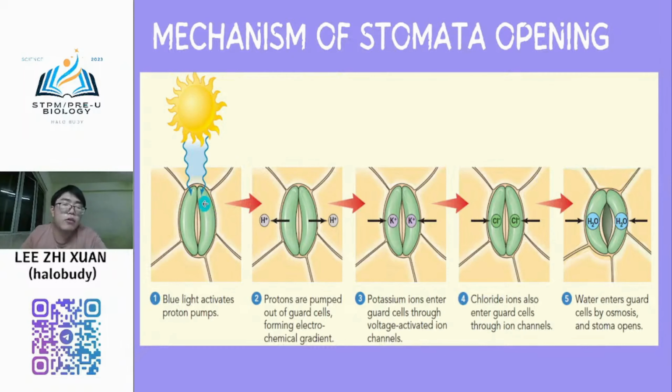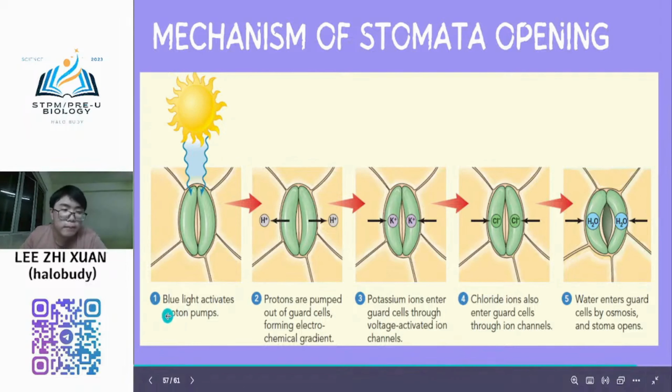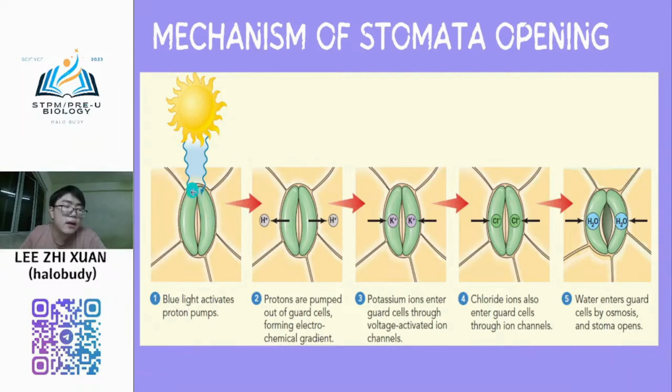Similarly, stomata also have a pigment that will absorb light. The light that is normally absorbed is blue light. When the stomata absorb blue light, the blue light penetrates to the guard cells.